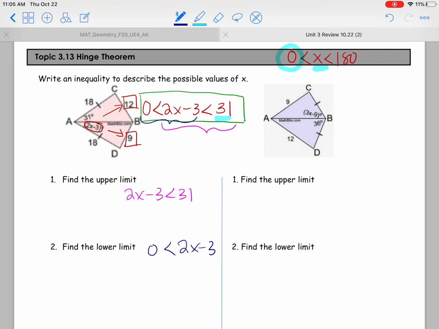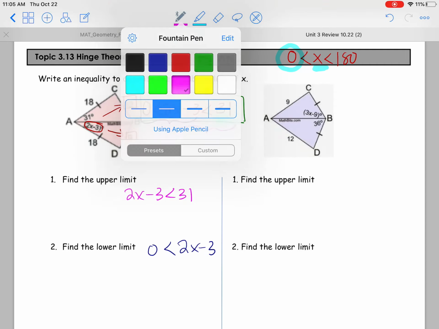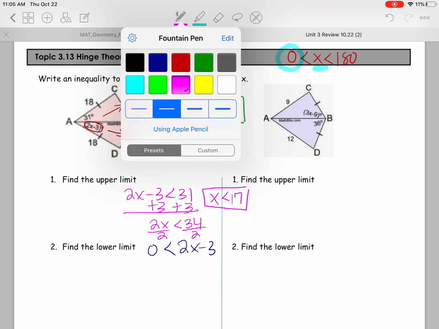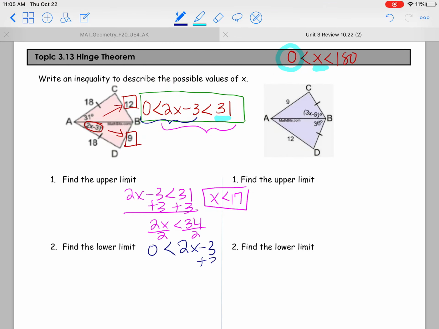And then you solve these inequalities, right? So you would do plus 3. So this would be 2x has to be less than 34. And then divide by 2, and x has to be less than 17. That's your upper limit. And for your lower limit, plus 3.